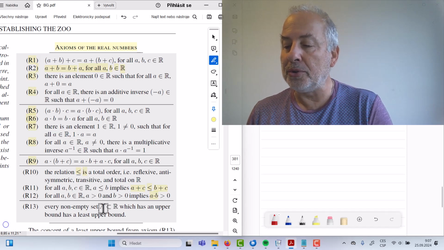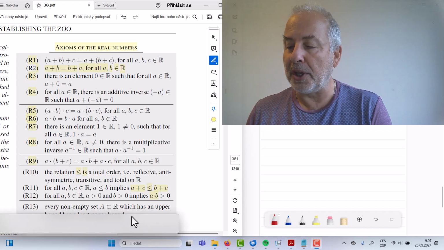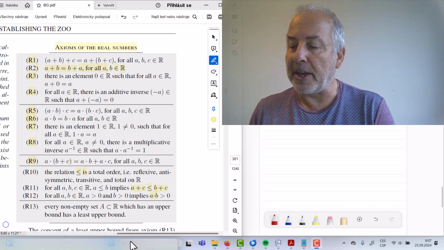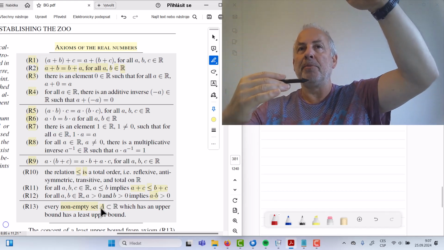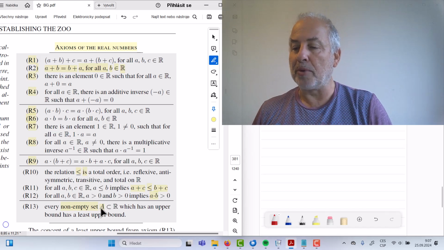But what we want to see is the last property, and the last property says that whenever we take a non-empty set which is bounded from above, then there must be a least such bound, and that's what we call a supremum.